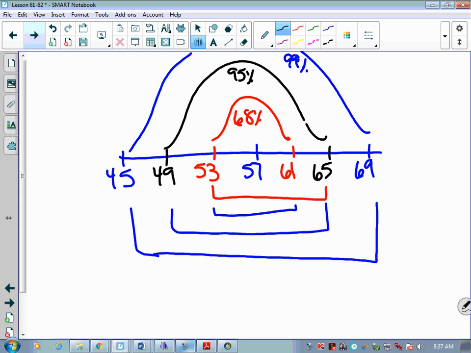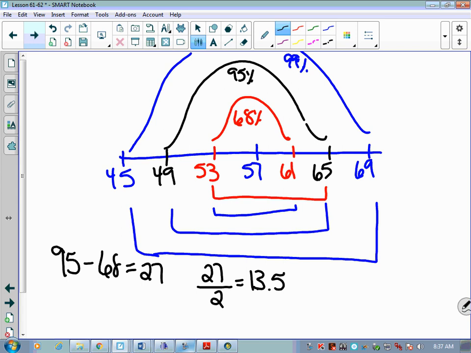We're going to take 95 and subtract 68. What's 95 minus 68? 27. We're going to take 27 and divide it by 2. What's that? 13.5.